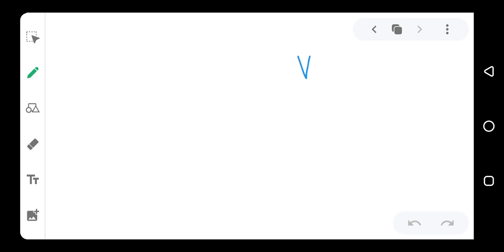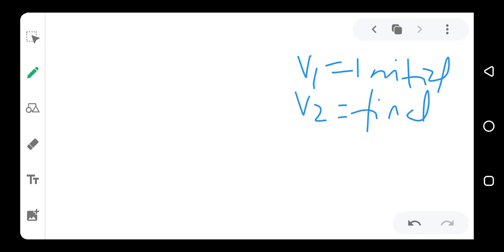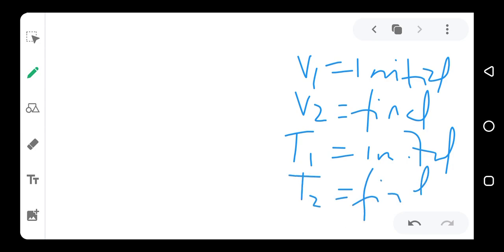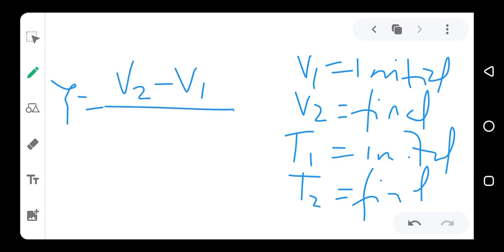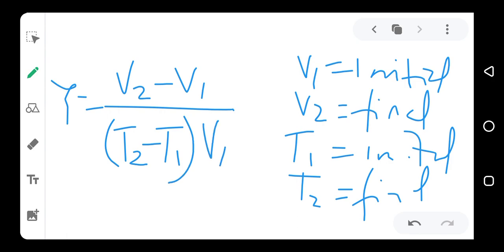If you use V1 to represent the initial volume, V2 final, T1 initial temperature, and T2 as final temperature, then we are going to have that gamma, which is the volume expansivity or cubic expansivity, is equal to change in volume, which is V2 minus V1, over change in temperature, which is T2 minus T1, times the original volume, which is V1, that is the initial volume.